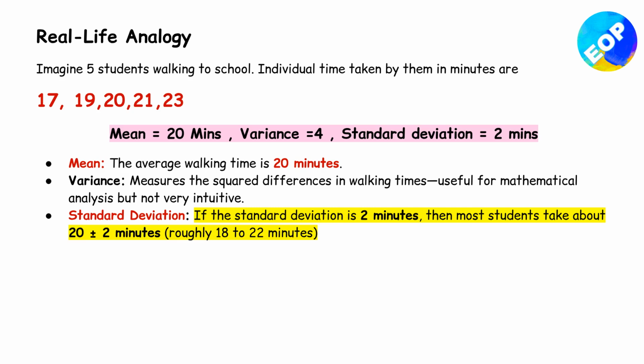Mean: the average walking time is 20 minutes. Variance: measures the squared differences in walking times, useful for mathematical analysis, but not very intuitive. Standard deviation: if the standard deviation is 2 minutes, then most students take about 20 plus or minus 2 minutes, roughly 18 to 22 minutes.